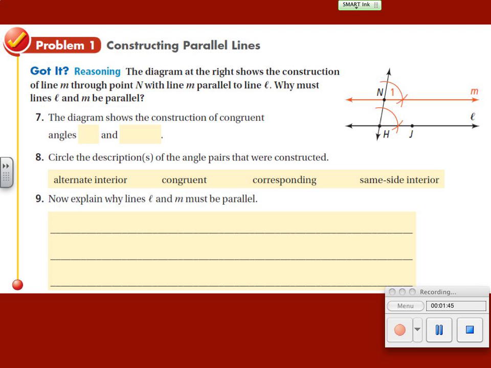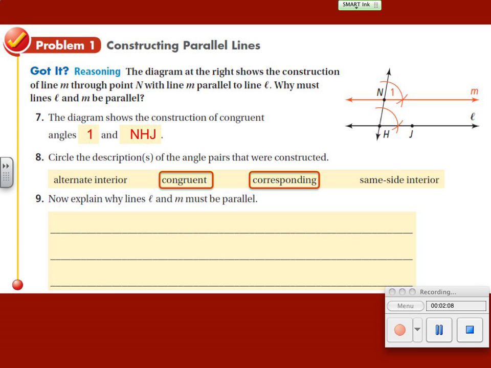So the diagram shows the construction of congruent angles 1 and angle NHJ. And there should probably be an angle sign on there, but we're just going to go NHJ. All right, so circle the description of the angle pairs that were constructed. The angles are congruent and they are corresponding angles.